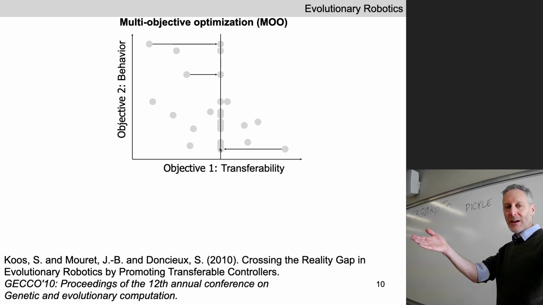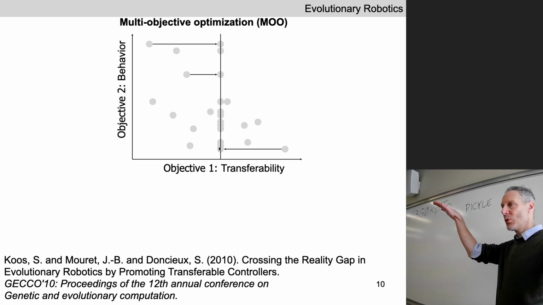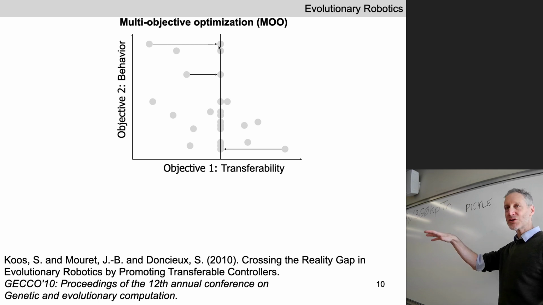As you just said, controllers down here that cause the robot not to move in simulation are very likely to also not cause the physical robot to move. We can probably be relatively confident in what the transferability is of these points that are low down in the graph. Similarly, like you said, the ones that cause the robot to really shuck and jive in simulation are probably going to be exploiting some aspect of the simulator, or they're being overly optimistic about the strength of the motors.